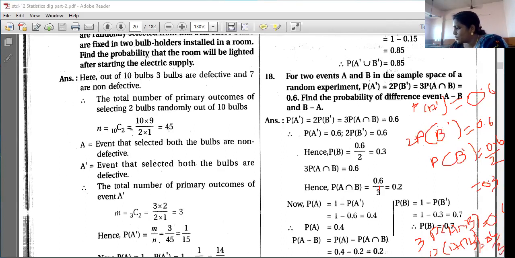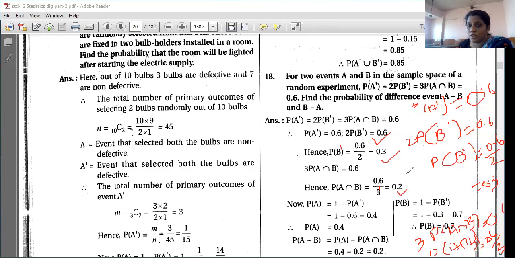Okay, so now you got P of A dash is 0.6, P of B dash is 0.3, here dash is there, and P of A intersection B is 0.2, right?